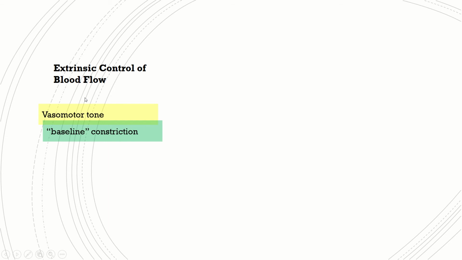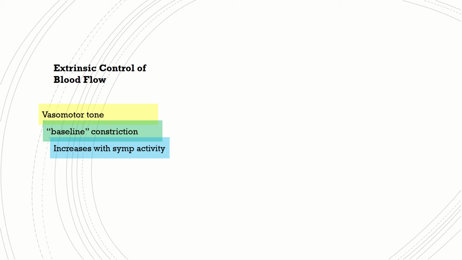What that means is that there is a baseline constriction of the body that is induced by sympathetic activity. So there's a baseline sympathetic activity to your arterioles that keeps them in a state of constriction at rest, and that tends to increase with exercise, which leaves a little bit of a conundrum because during exercise, we want to increase blood flow rather than constrict.